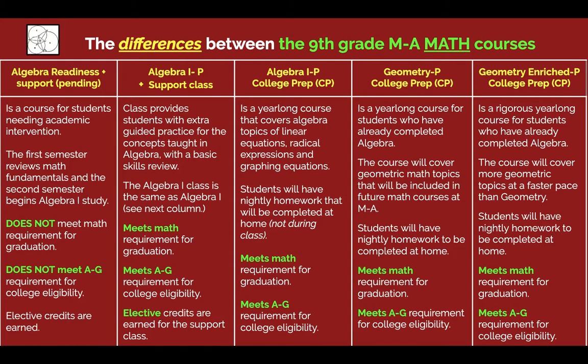Algebra readiness does not meet the math requirement for graduation nor for college. All of the other classes that are listed do meet graduation requirements in math and for college, with the exception of the support class in algebra, which provides elective credits only.